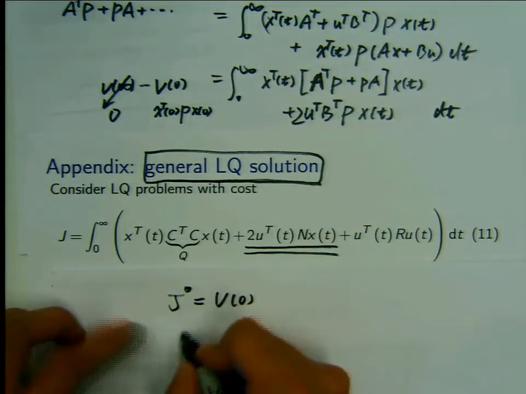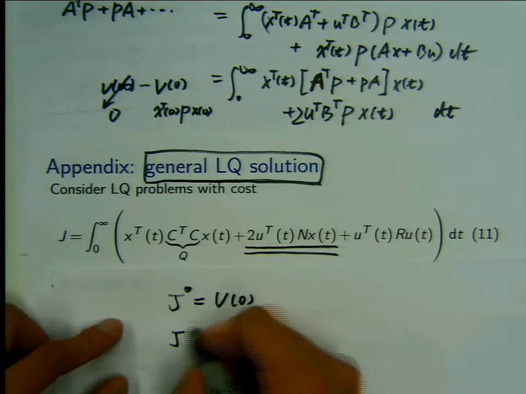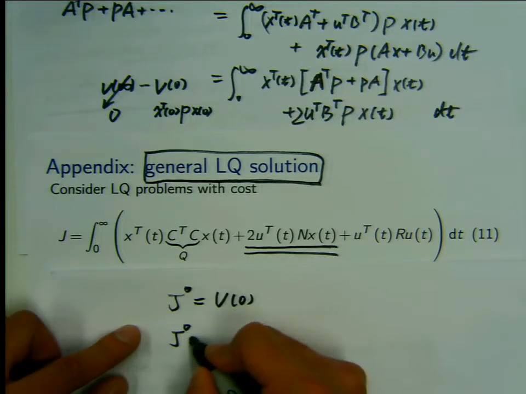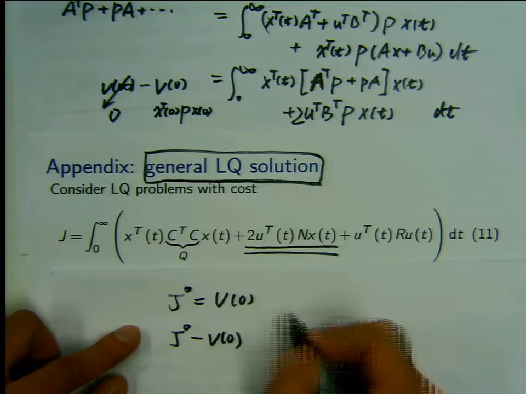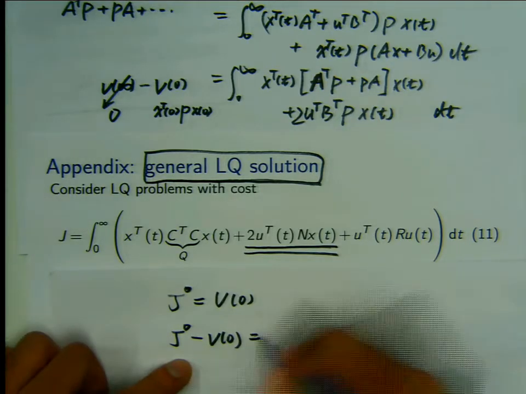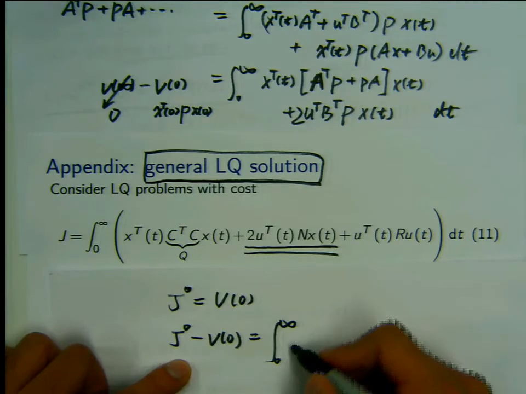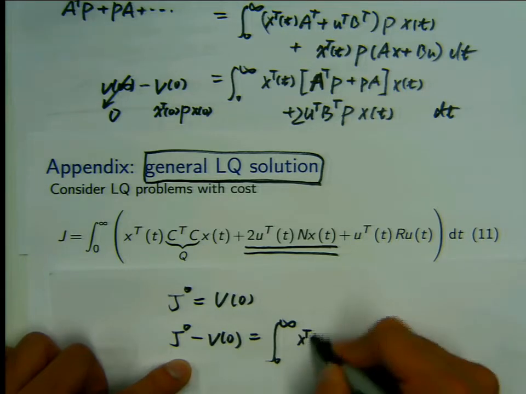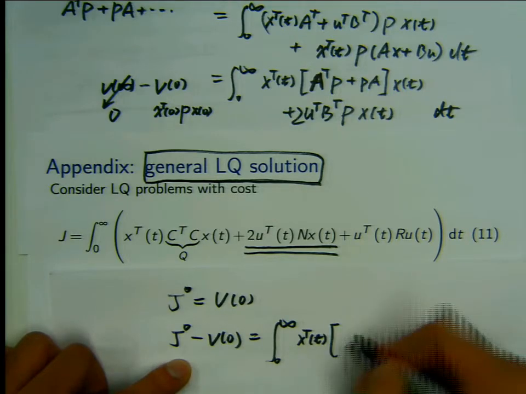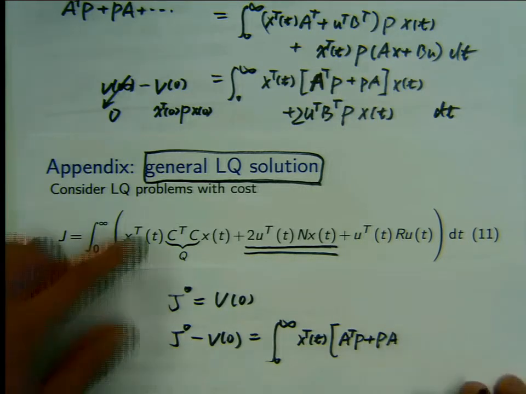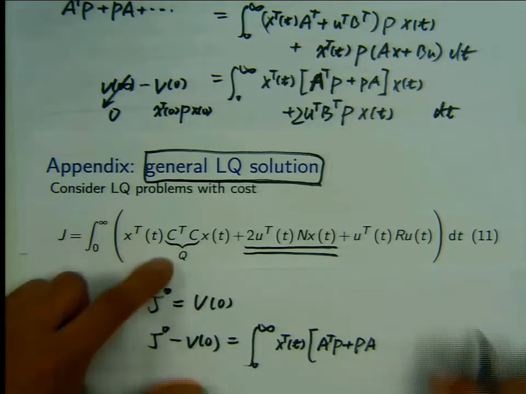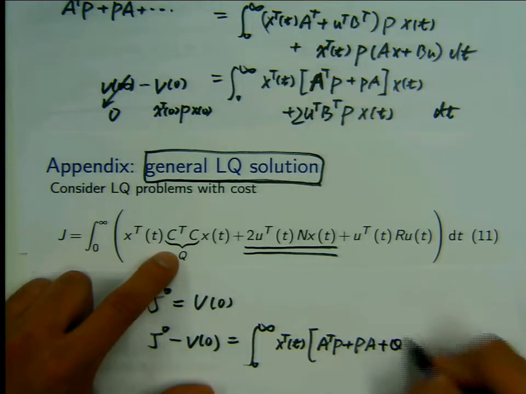Assume we are reaching the optimal cost using some u. On the left-hand side, we have J. And on the right-hand side, we have the integration from 0 to infinity of x transpose(t). Inside, I'm going to have A transpose P plus PA. Then I have another quadratic term of x, so I should get Q here.